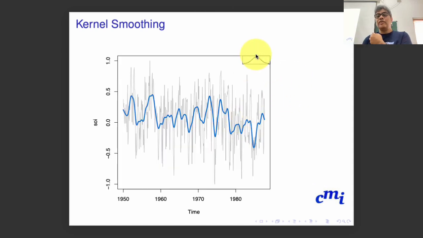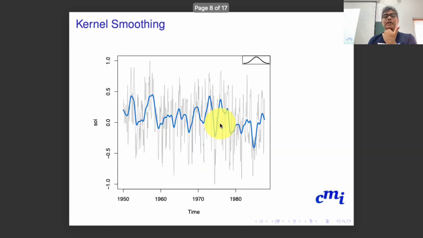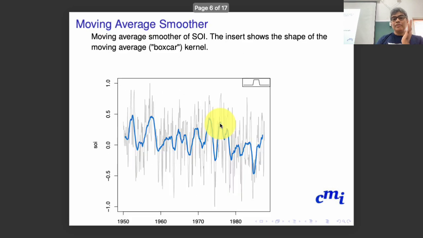So this is how the filter, the weight, will look, and this will give you a much smoother function. Here you have a little bit of jitteriness, but the kernel smoother is a much smoother function, because in the boxcar you have these breaks, this discontinuity in the weight.